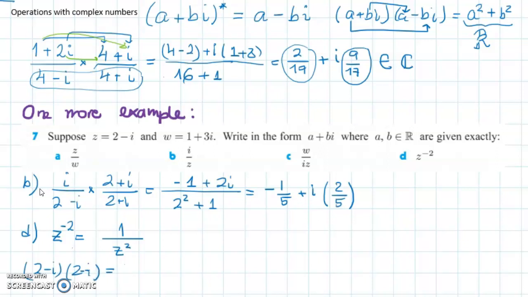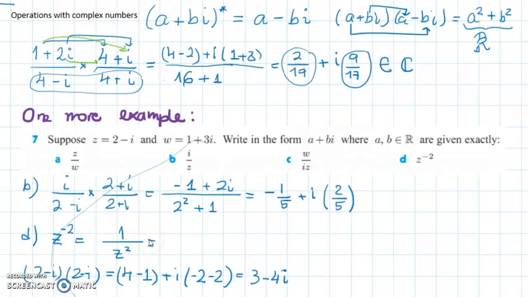So I'm going to have 4, and then I'm going to have minus 1 for the real part, and then I'm going to have negative 2 and negative 2 again, so I'm getting 3 minus 4i.